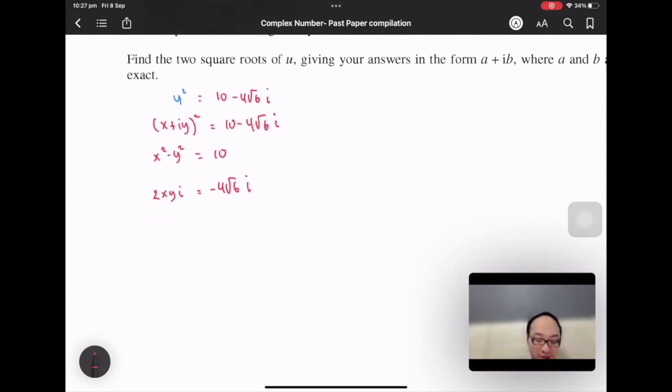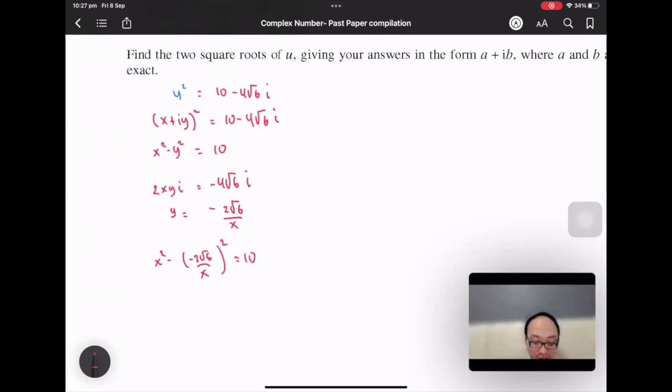So from here, y equals minus 2 root 6 over x. And then I can replace it in the equation. Negative 2 root 6 over x, squared, equals 10.